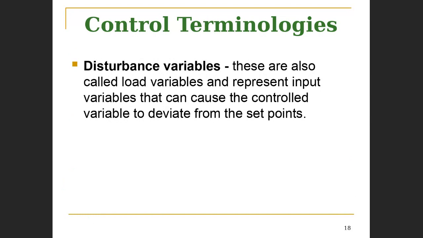Now, another terminology, disturbance variable, and I did use this term earlier. A disturbance variable is any variable that will cause the control variable to deviate from the set point.